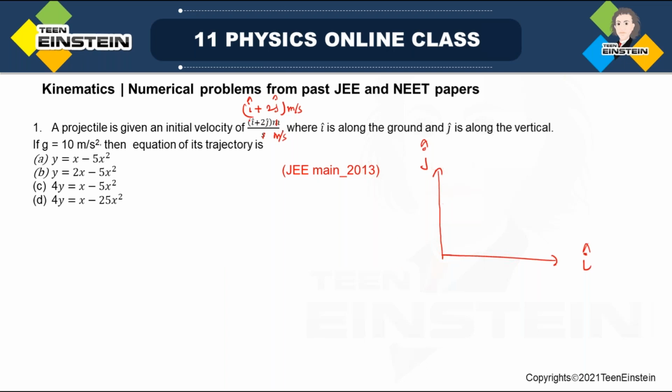See, the projectile is given a velocity i cap plus 2j cap. Here is the clue. And to solve this problem, first of all, you must be remembering the trajectory formula. If you remember it, that is very good.